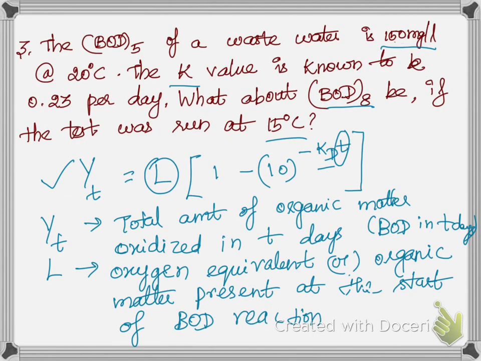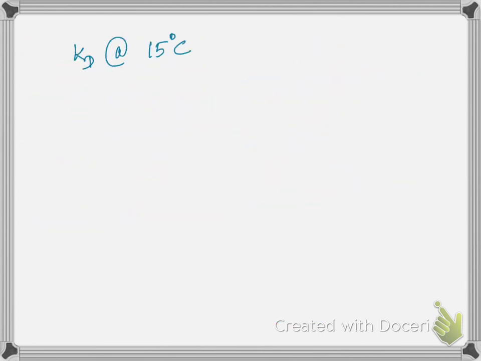Because in the problem it is given that if the test is run at 15 degrees Celsius, what is our 8-day BOD? In order to get your 8-day BOD, T will become 8, and KD value also we have to calculate. So everything has to be calculated. Then only we can get our 8-day BOD value.